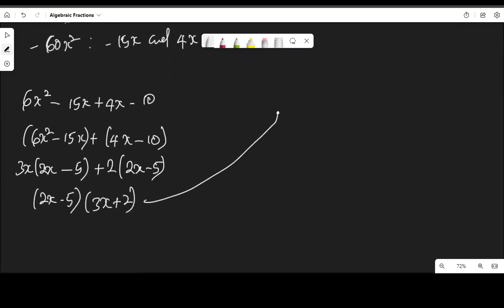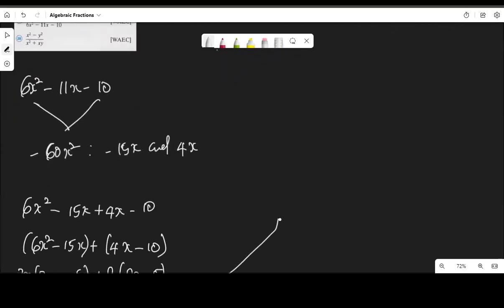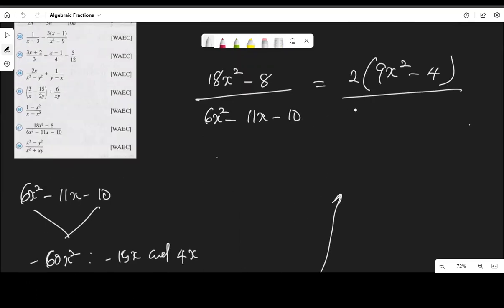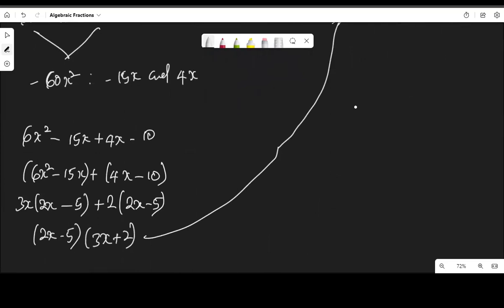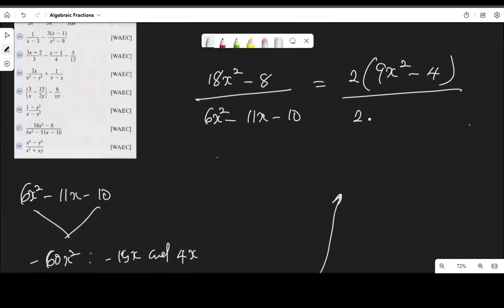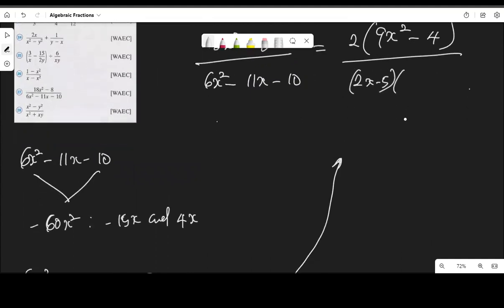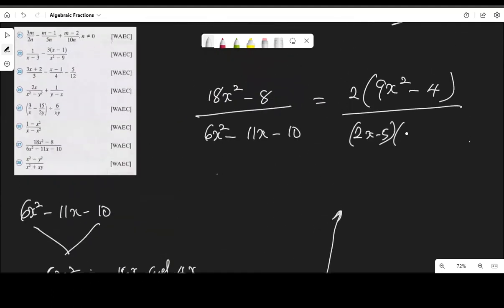Now that I have the denominator in factorized form, I'm going to replace it in my fraction. The factors now are 2s minus 5 and 3s plus 2.